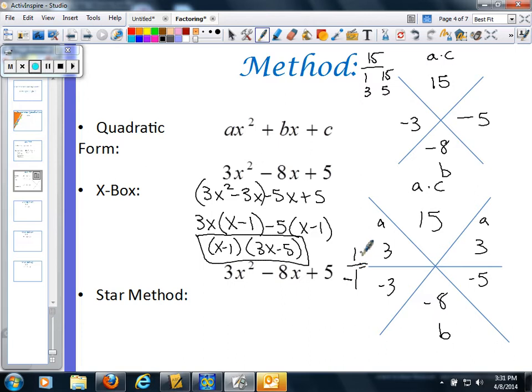Once I get this, I add my variable: 1x minus 1. So that's one of my factors, x minus 1. The second factor is 3 over 5. That can't be simplified, so it becomes 3x minus 5. And that is how you use the star method.